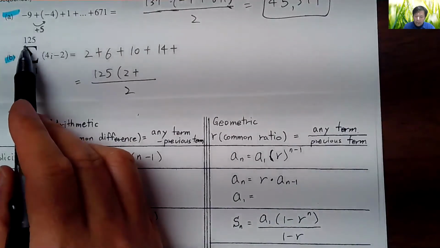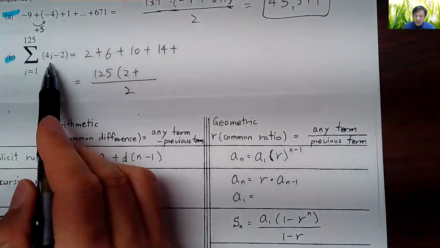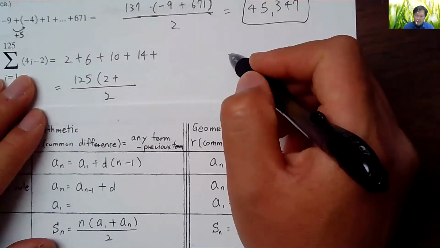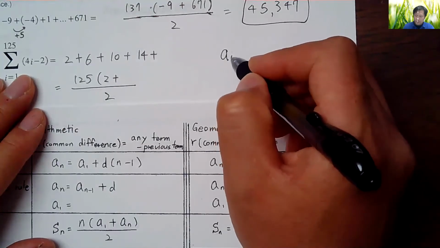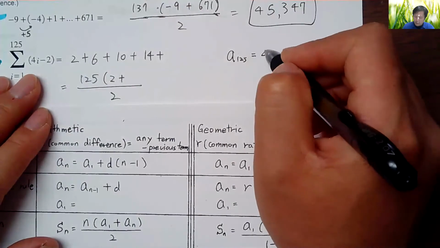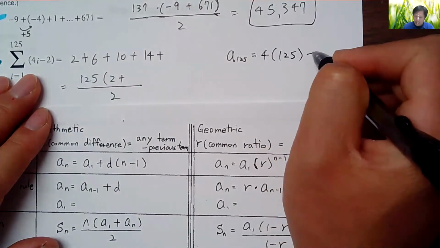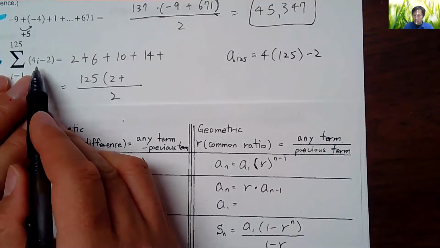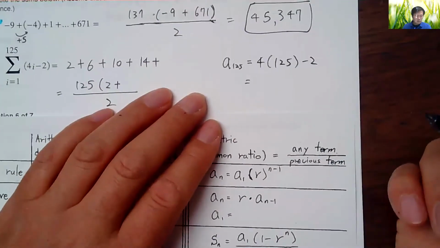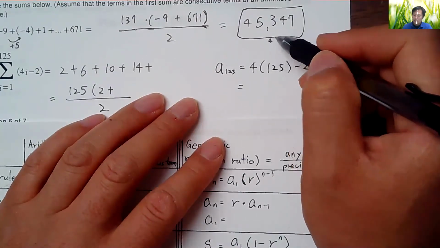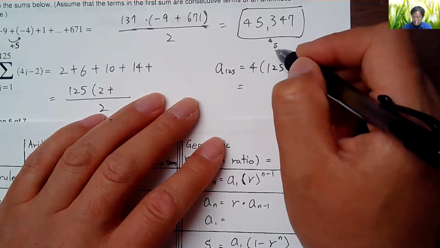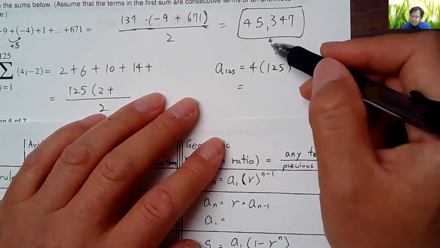How do you get that? Plug in the i value as 125 here. So a sub 125, the last term, will be 4 times 125 minus 2. You just plug it in for the i value. So 4 times 125 is what? Is that 500?